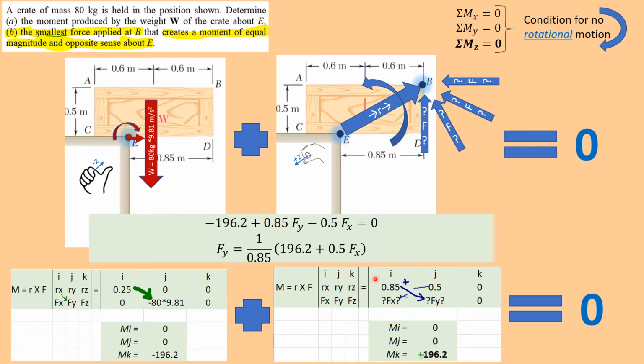And our force up here at B, this is what we're going to solve for. So we don't know what the x component is. We don't know what the y component is. We do know that that force needs to add to the same magnitude as what was happening from the weight. So we need to get that 196.2 no matter what we do.